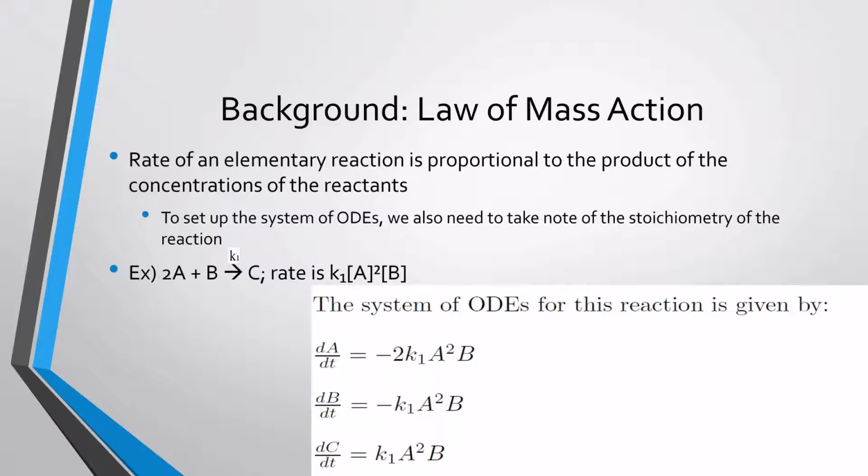Focusing more on the stoichiometry, there is a coefficient of 2 in dA/dt due to the total change in the concentration of A being 2. Similarly, there are coefficients of 1 in both dB/dt and dC/dt due to the total change in the concentration of each species being just 1.